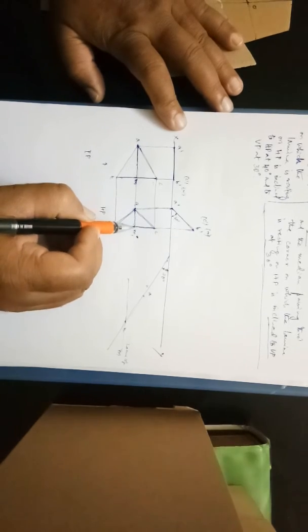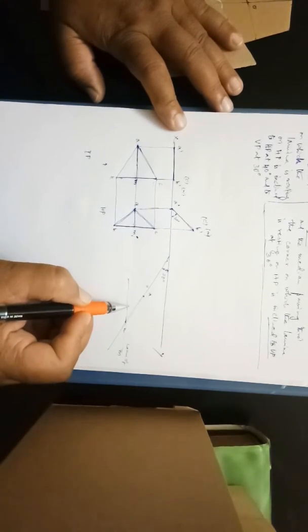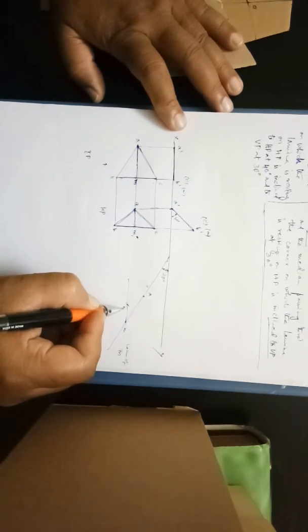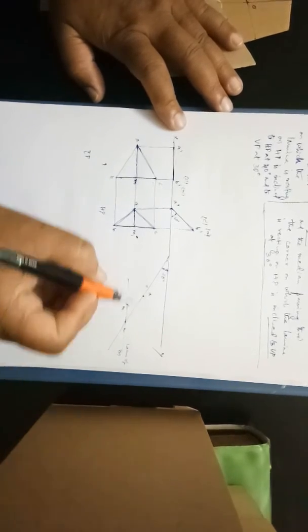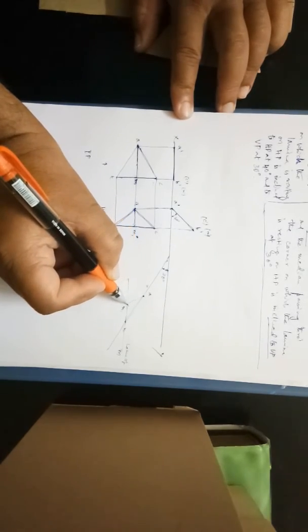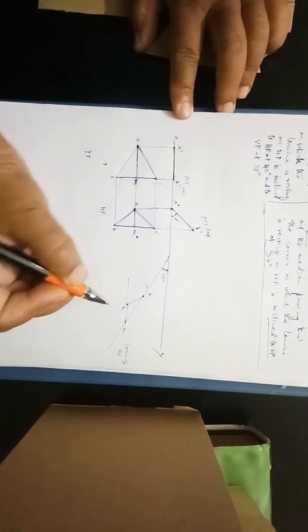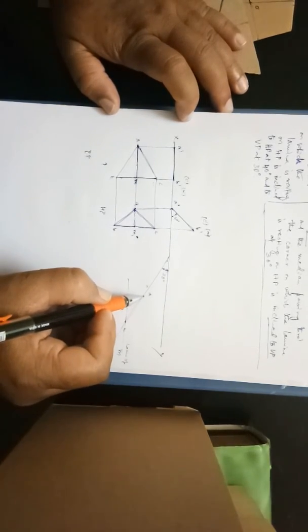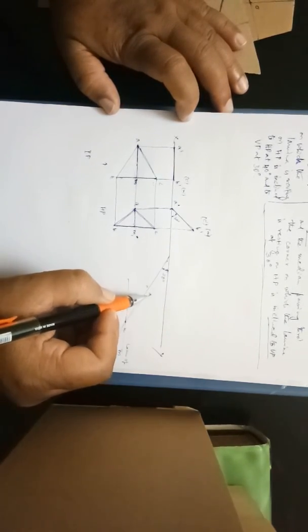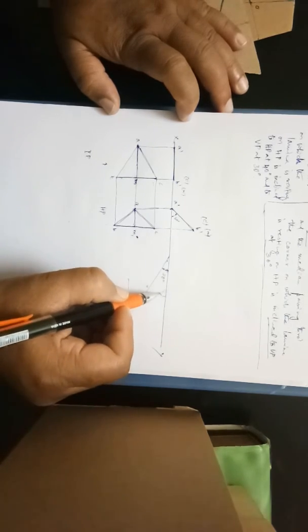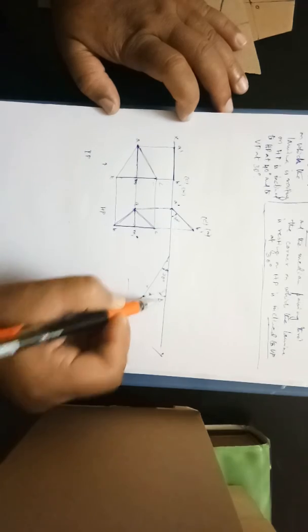With this AM1 as radius, with A as center, cut the locus. This will be M1. Join AM. This will be the new position of the median when it is inclined to VP at 30 degrees. So if you extend this and measure this angle, this will be your beta. It will be greater than 30 degrees.